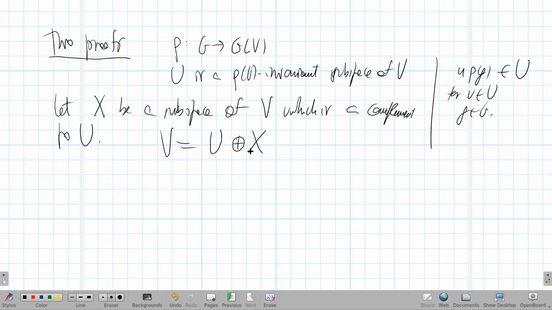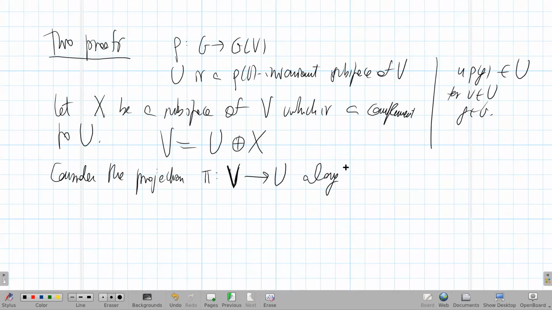And then we consider the projection pi from V to U along X. I don't know whether this is the right terminology, but what does it mean?